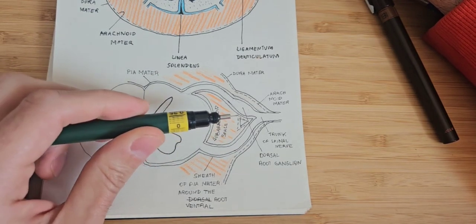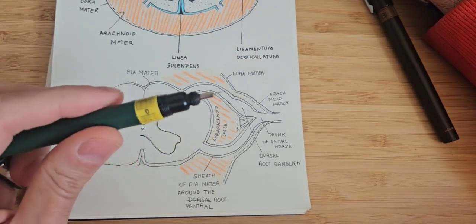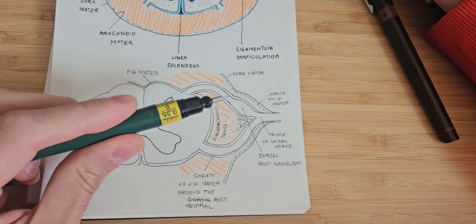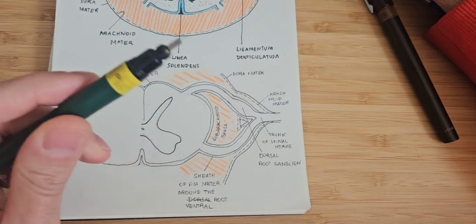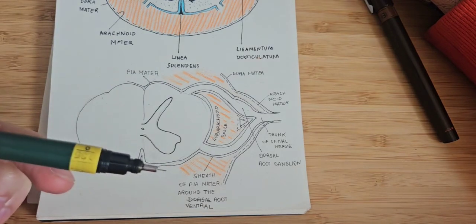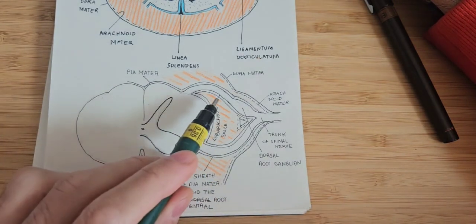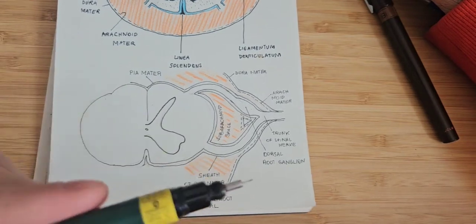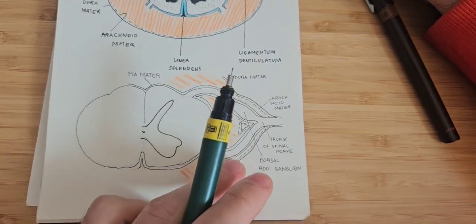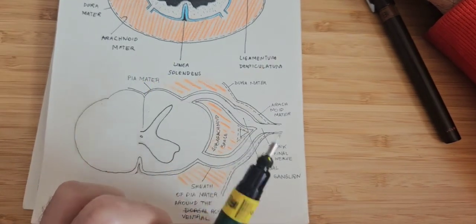And I will say that conditions like herpes zoster often affect the dorsal root ganglion, and it can cause intense pain and vesicular rash along the corresponding dermatome, which is something that you can have a better view of if you look on the internet for images showing this condition.